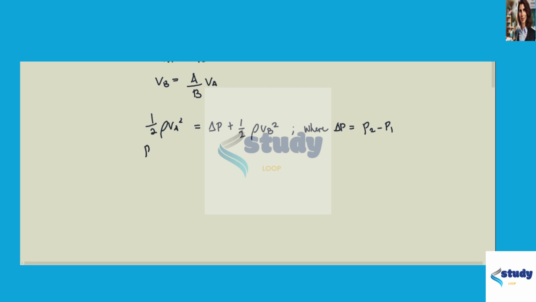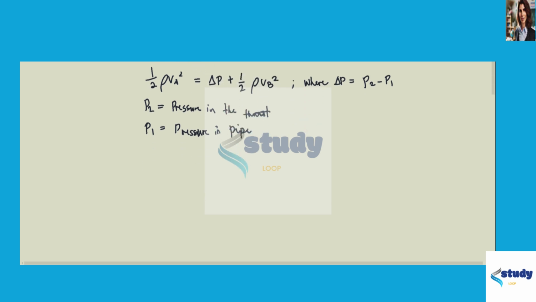And P2 is the pressure in the throat. P1 is pressure in pipe.